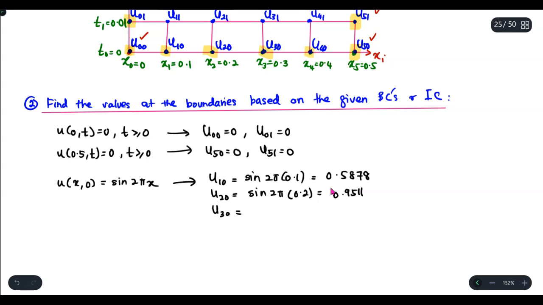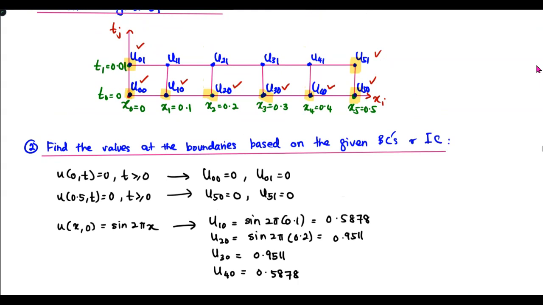Okay, with the same process, u30 is sine 2 pi times 0.3, so you will get 0.9511 as well, same as u20. And finally you have u40, which is sine 2 pi times 0.4, which gives you 0.5878. So by that initial condition, we know u10, u20, u30, u40.